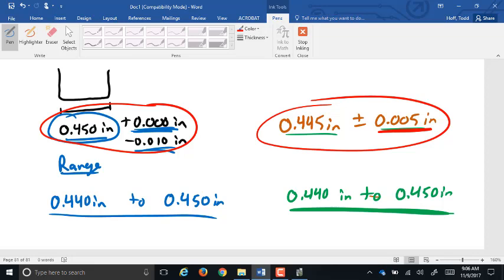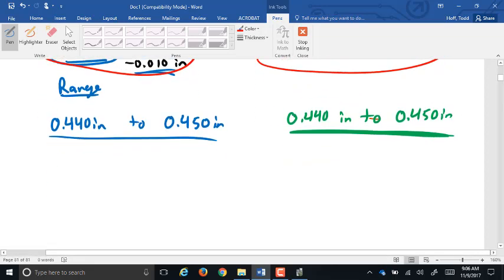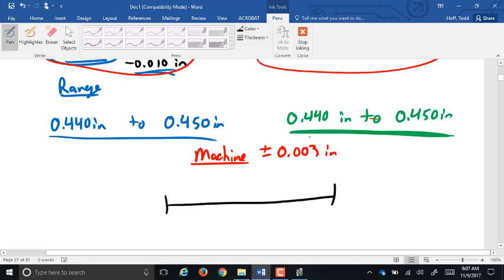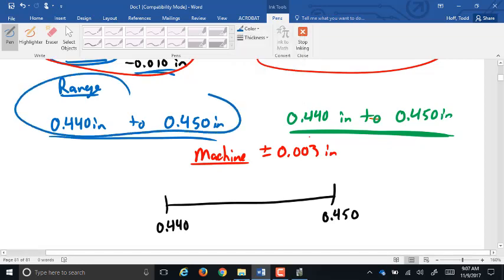Let's say you are operating a machine that's capable of producing within 3 thousandths of an inch. Both of these give you the same range, that you want it to be from 0.440 to 0.450. But this one here is saying we would really rather have it be right here.